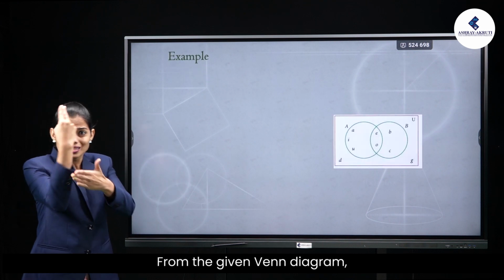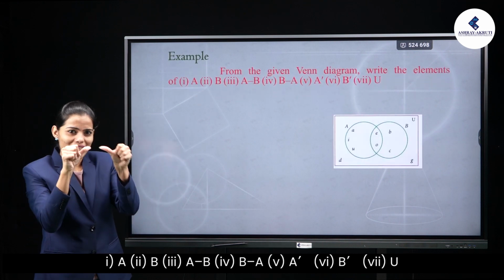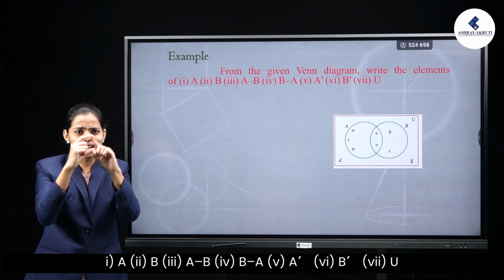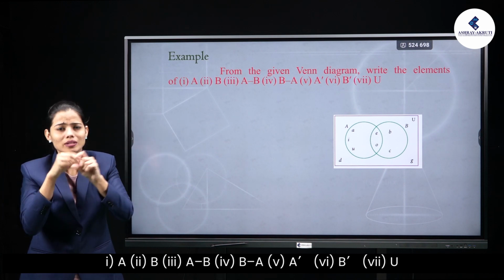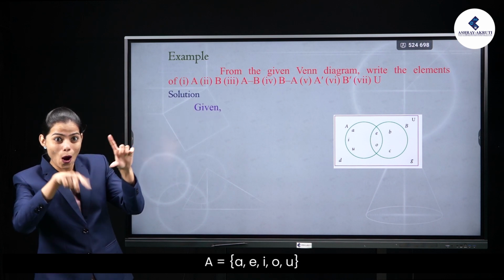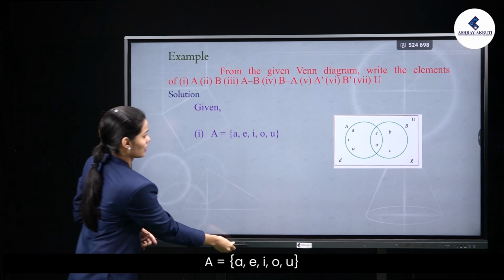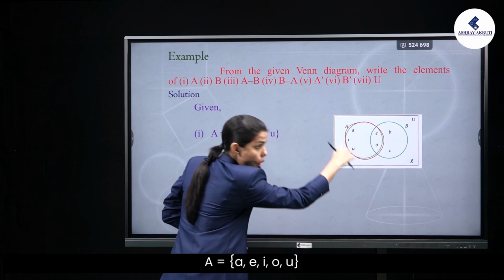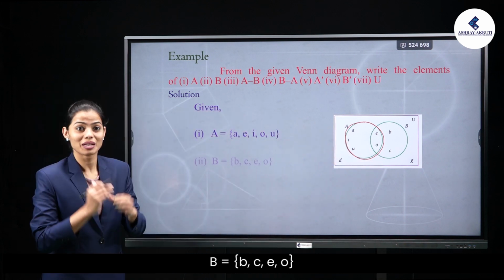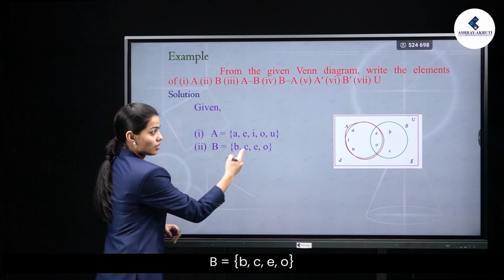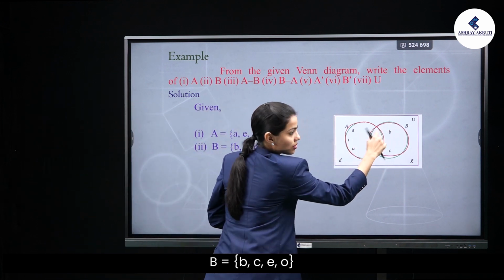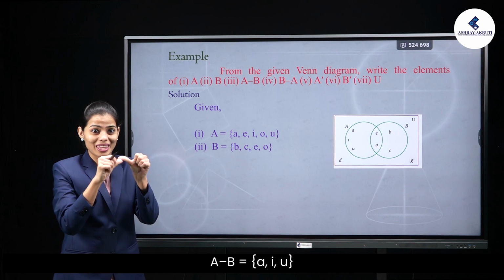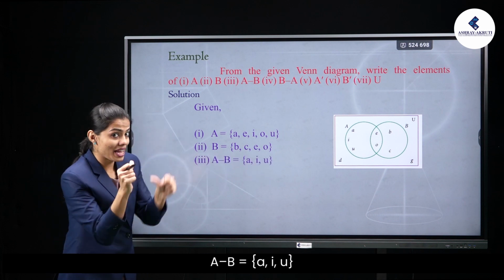Example: from the given Venn diagram, write the elements of A, B, A − B, B − A, A', B' and the universal set. Solution: A = {A, E, I, O, U}. B = {B, C, E, O}. A − B = {A, I, U}.